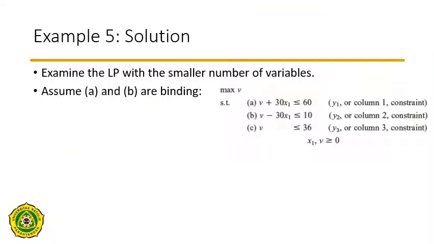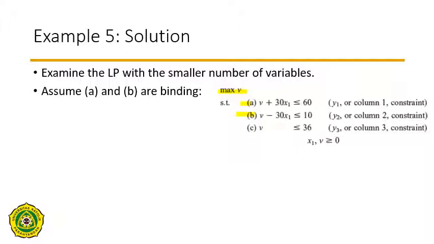We start to solve these two linear programming models by choosing the model that has the smaller number of variables. In this case, it is the linear programming model for the row player. And then just like before, we start by doing some guesses, like we assume that constraints A and B are binding.